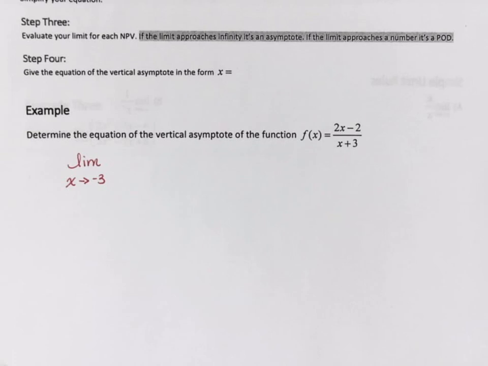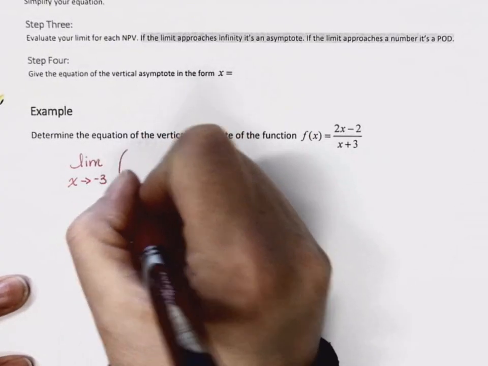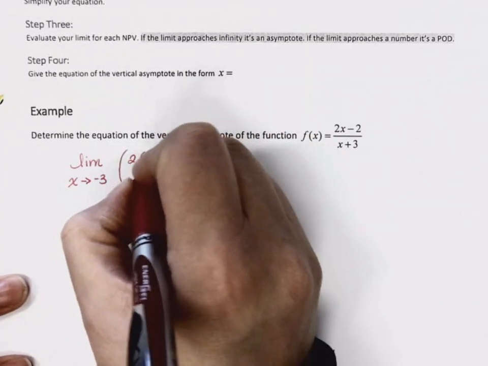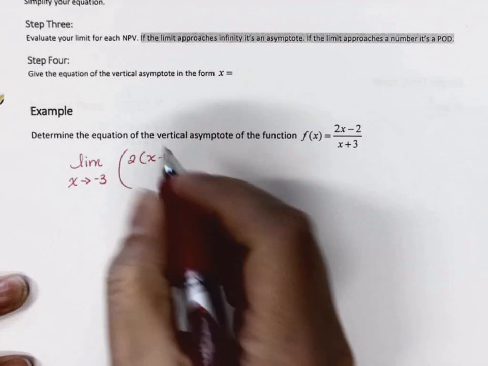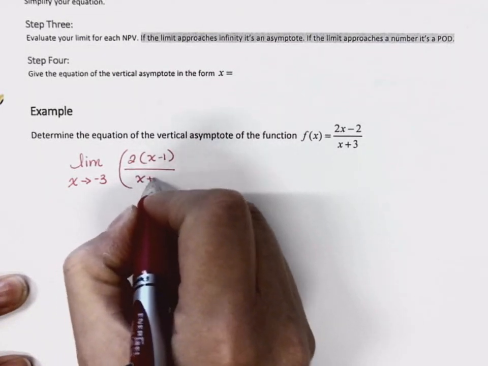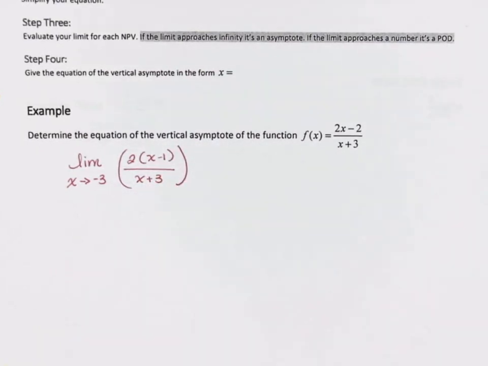So we're using that NPV as what x is approaching. And then step 2 is to simplify the function. This one actually doesn't simplify. I can factor it, but it doesn't simplify.